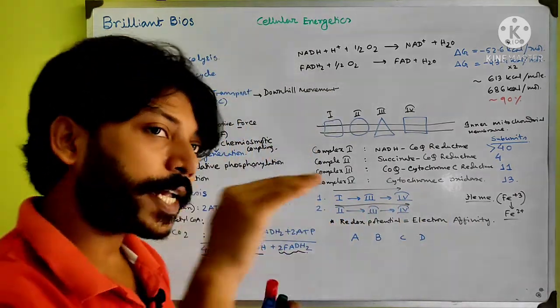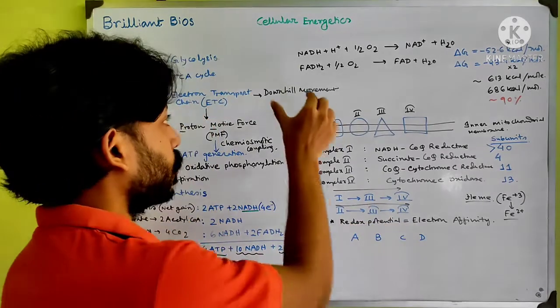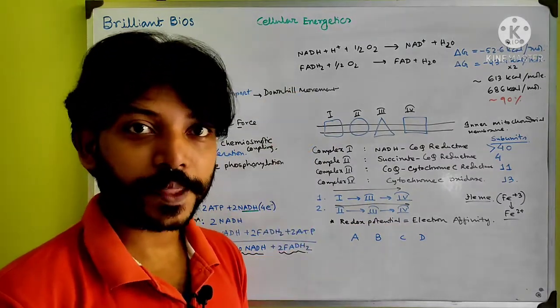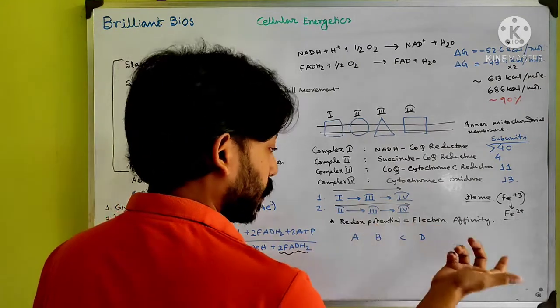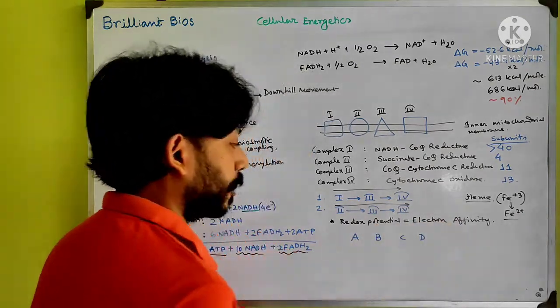So this unidirectional movement and the term downhill, what does it mean? To understand this, you have to understand one term called redox potential, or easily you can remember electron affinity.